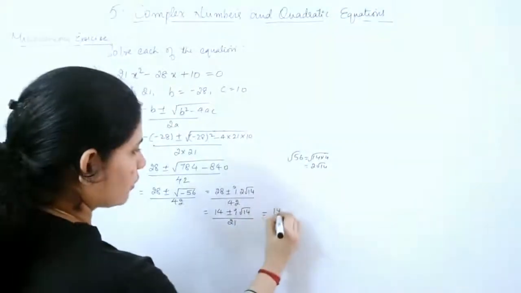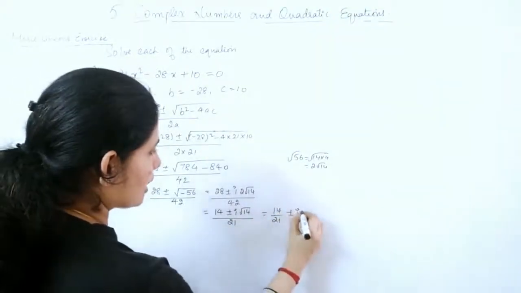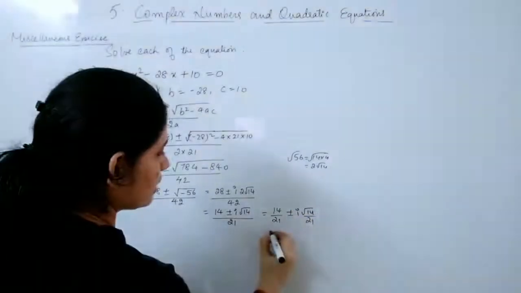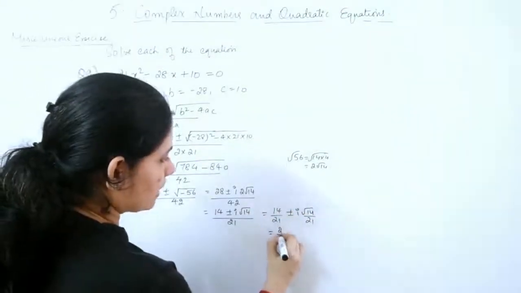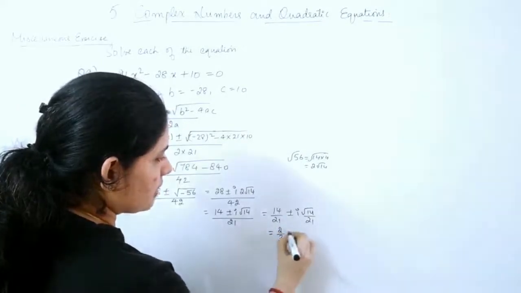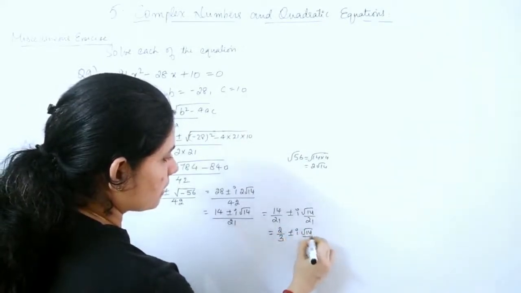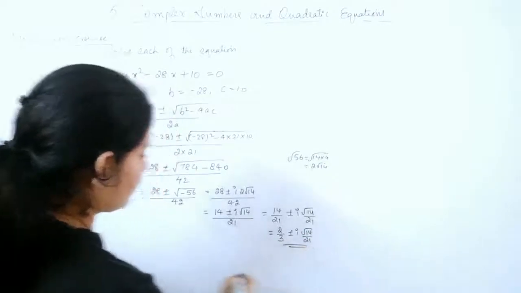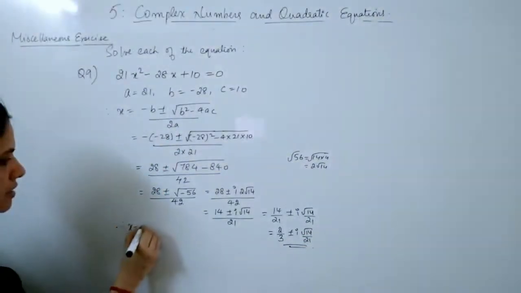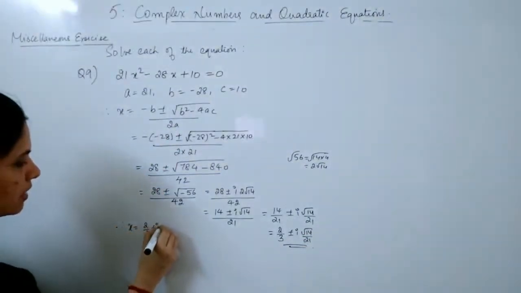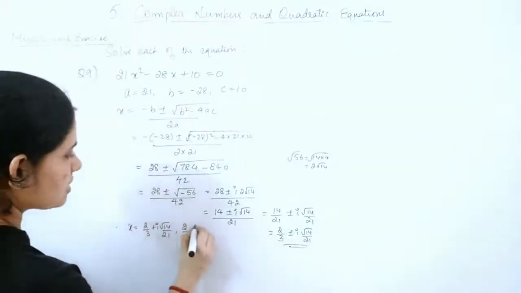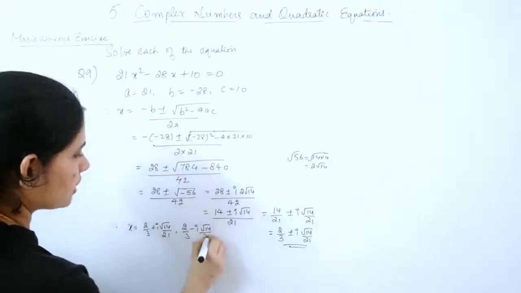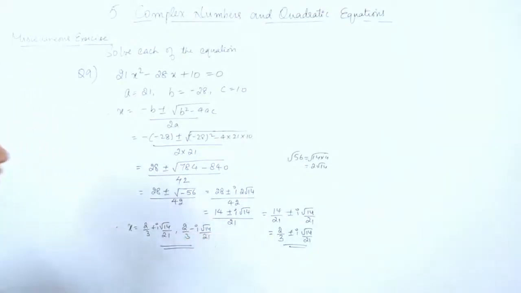Separating the terms, you will get 14 by 21 plus or minus I root 14 by 21, which can again be reduced. This term can be written as 2 by 3 dividing with 7 plus or minus I root 14 by 21. Therefore, x is 2 by 3 plus I root 14 by 21 and 2 by 3 minus I root 14 by 21.